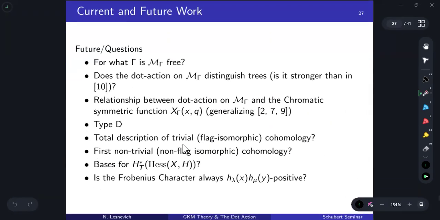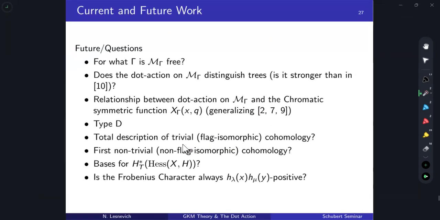So there's a ton still left to do. If I wanted to sell myself on this, I'd say there's a very active research area. There's tons of questions out there, in the type A case, in the type BC case. You might have noticed a suspicious lack of type D results.